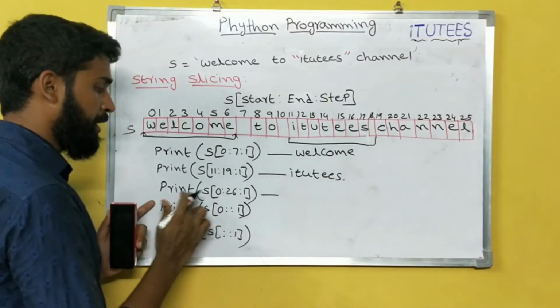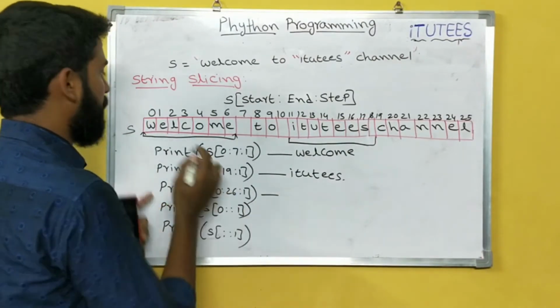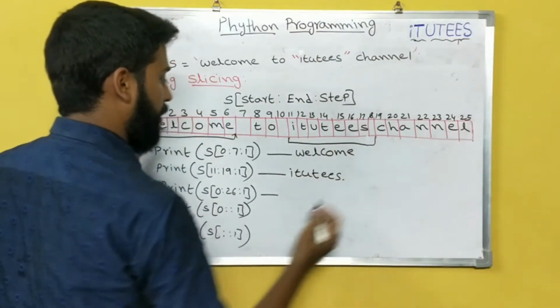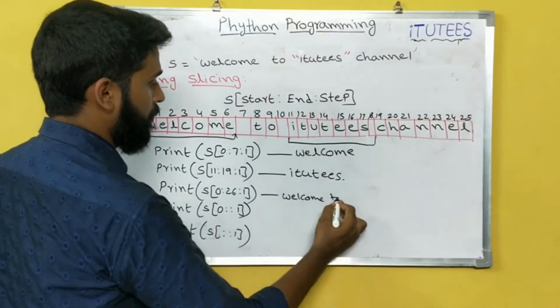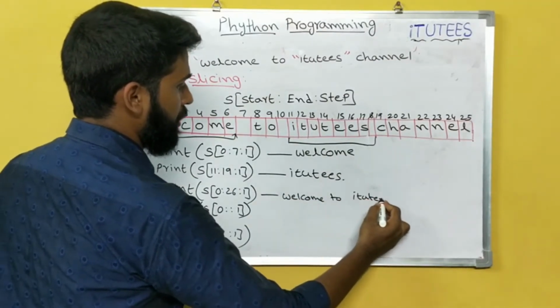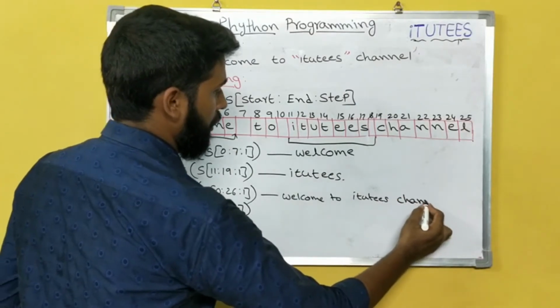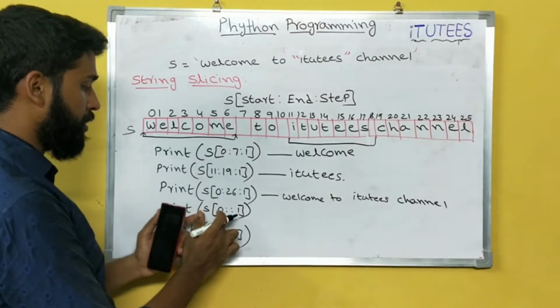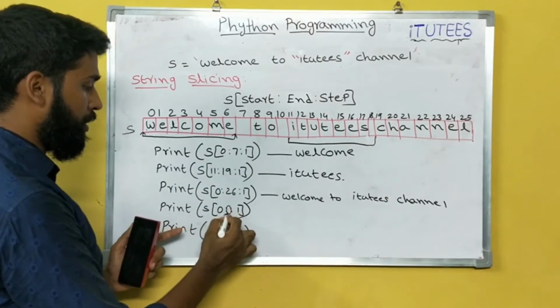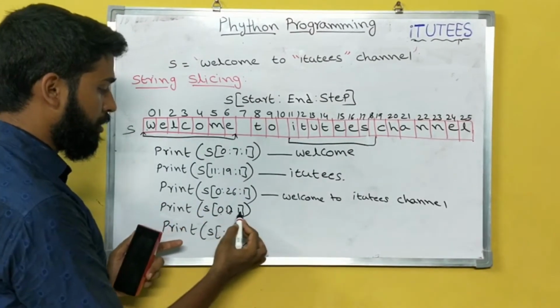Next, print S of 0 to 26. That means 0 to 25. That means it prints welcome to ITUTEES channel. So this is also S of 0 colon, no end, 0 with one step.